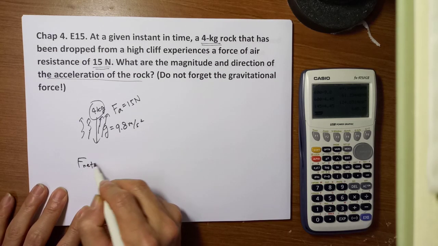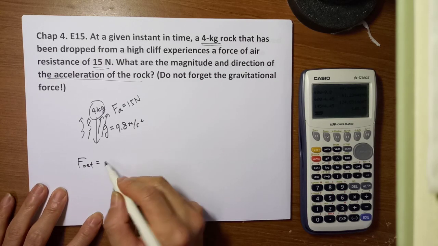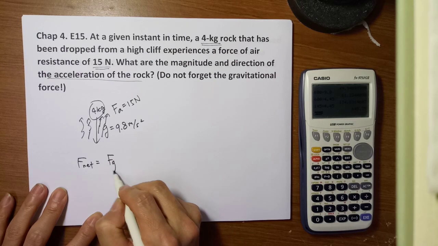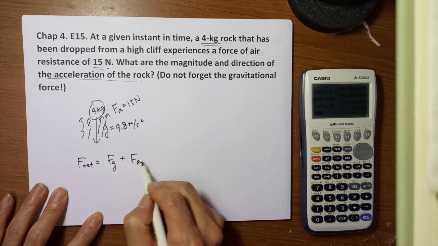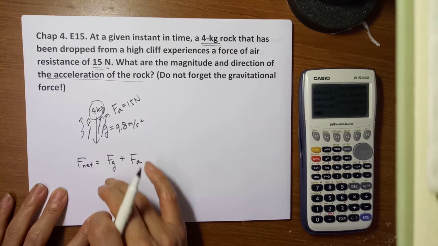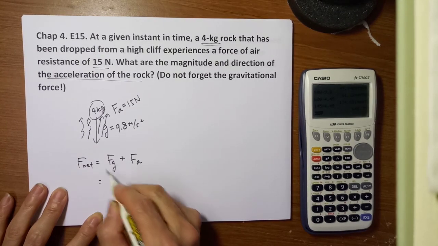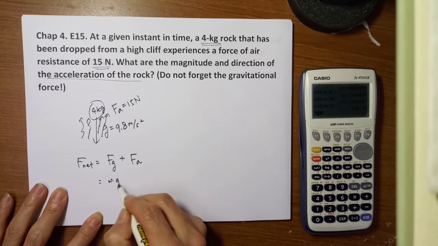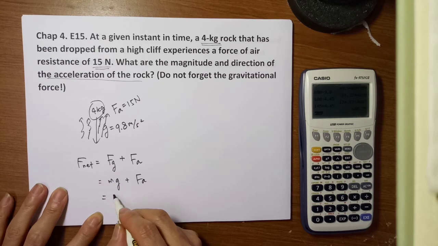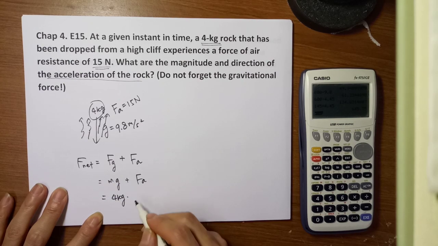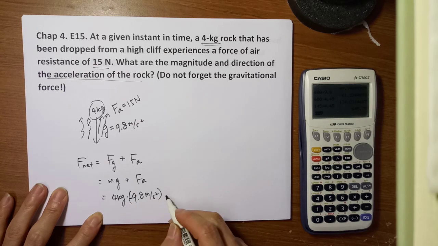F net equal Fg gravity plus Fa, but the Fa and Fg is opposite direction. So Fg equal mg plus Fa. So m 4 kilogram times 9.8 meter per second square is downward. So we put negative here.